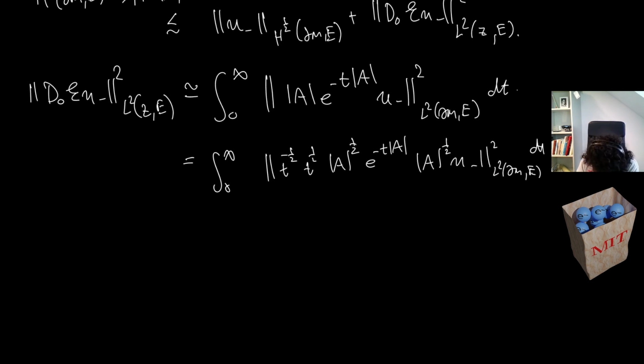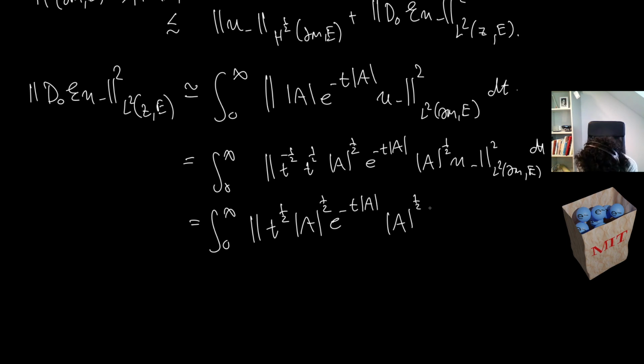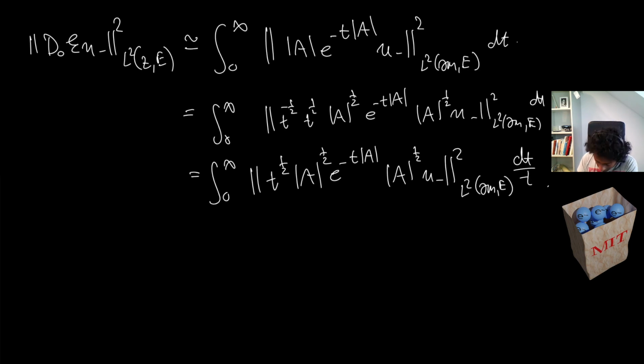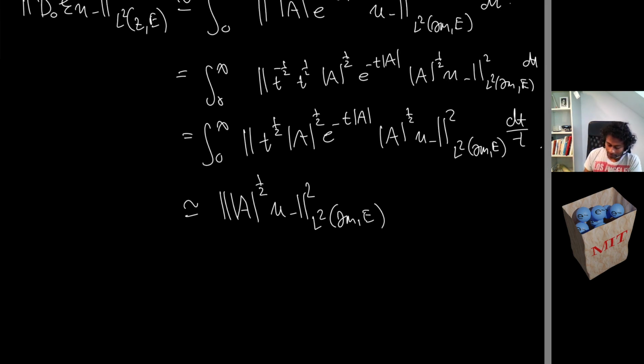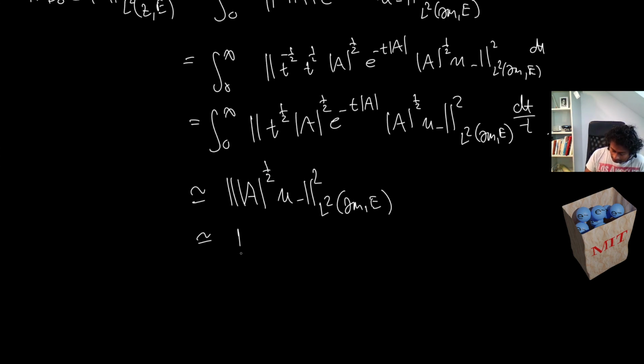As before, the t half comes out, so we end up with the same quadratic estimate as before, with the power half: a to the half of u, squared in L2, dt over t. But by the theorem, this is equivalent to a to the half of u, squared in L2. But what is this? This is exactly the H half norm.